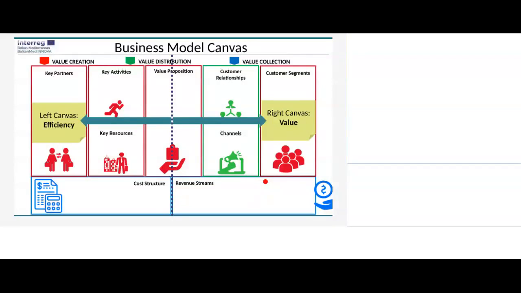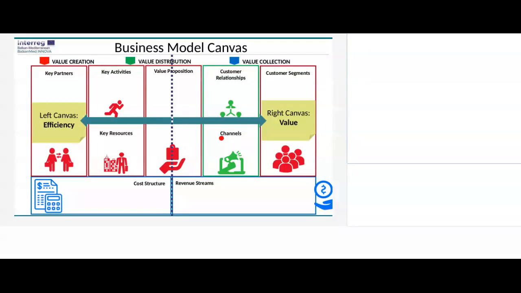we basically increase the value we provide to our customers. We make more targeted segments so we can see better what our customer needs, and accordingly we increase our value proposition and adjust it according to the customer segments.